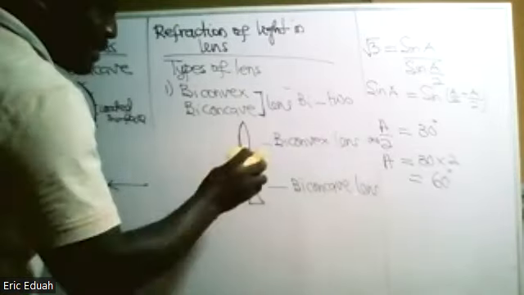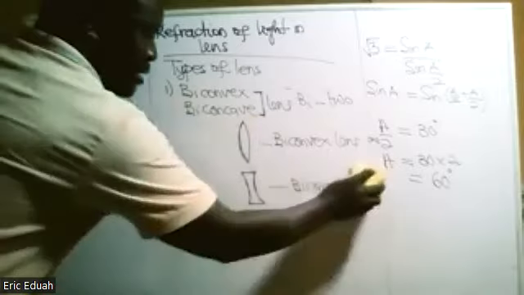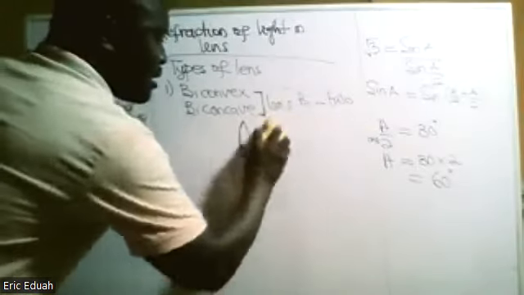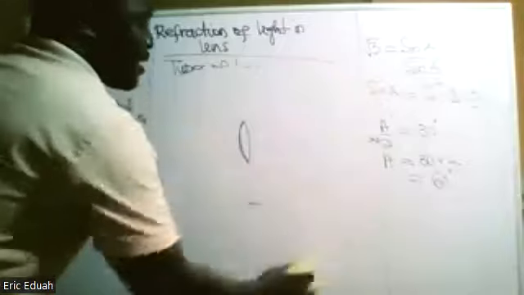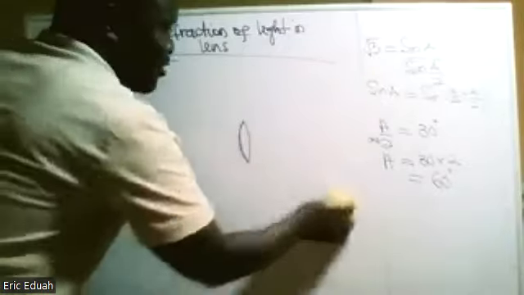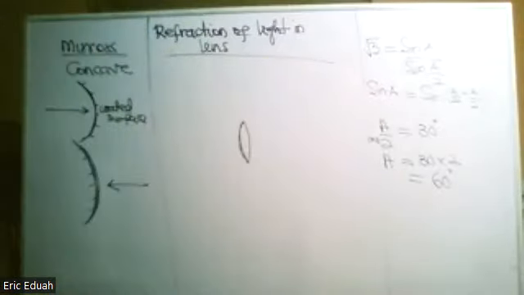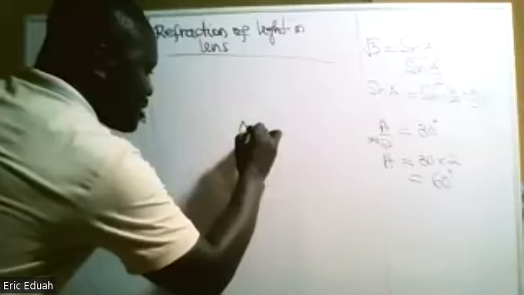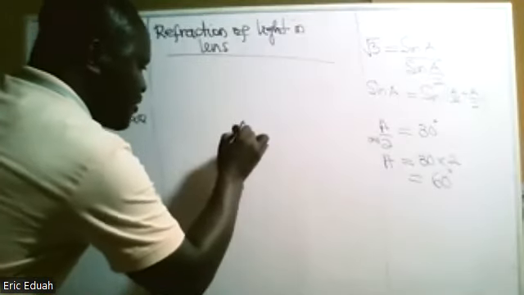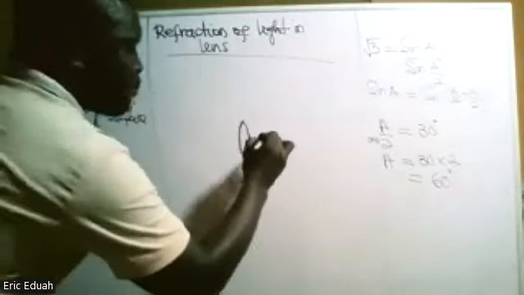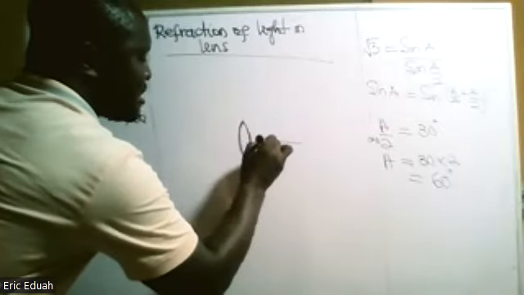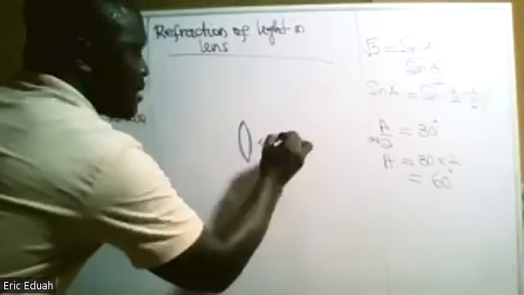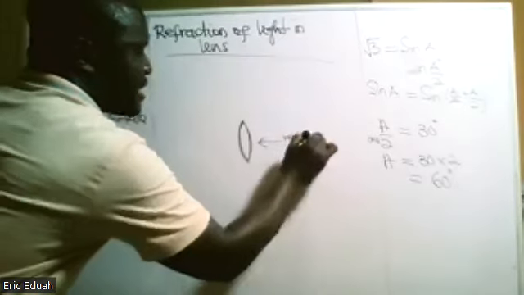When it comes to lenses, for now, we don't know what it is. But this bulged out surface or surfaces point to the refracting surface. There's one refracting surface.